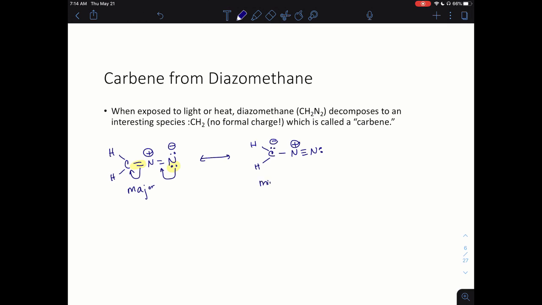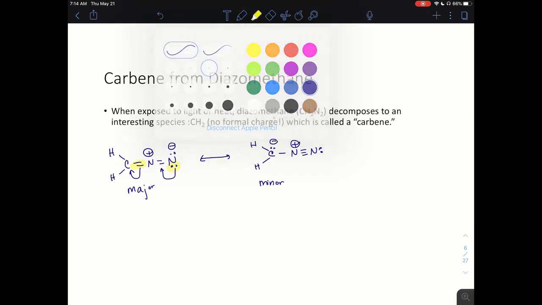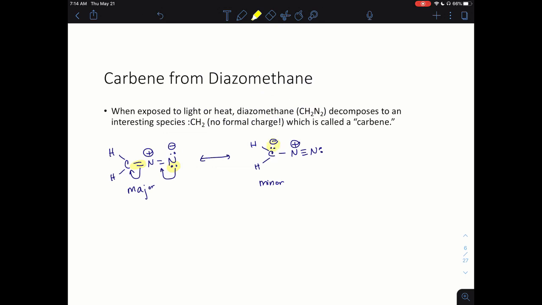This is certainly a minor resonance structure, a minor description of the molecule, because you have the negative charge on carbon versus on nitrogen, and nitrogen is more electronegative. However, from the minor resonance structure, we can see how the carbene will be formed. Think about taking the electrons in that carbon-nitrogen bond and donating them to nitrogen.